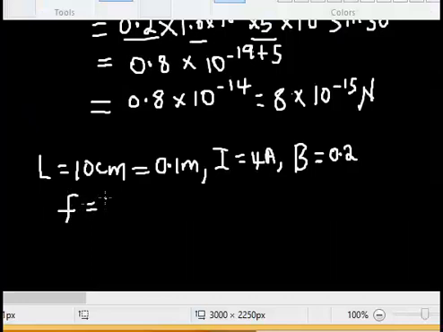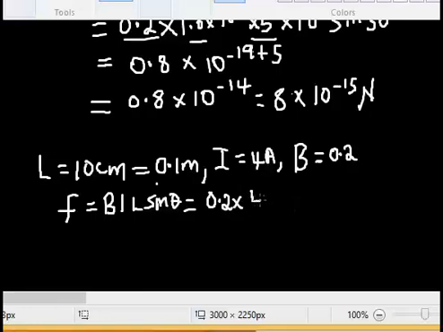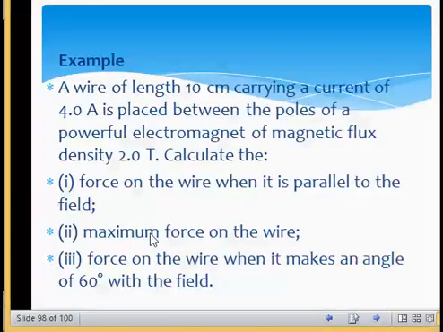In this case, we use the formula BIL sine theta. So B is 0.2, times I, the current 4, then the length 0.1, times sine theta, right? So what do we have as theta? We're looking for the force when it is parallel.